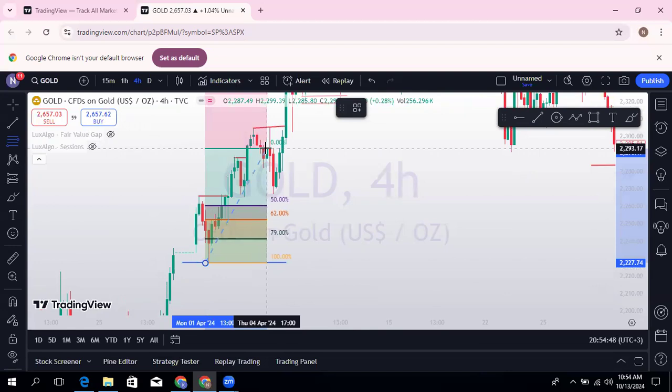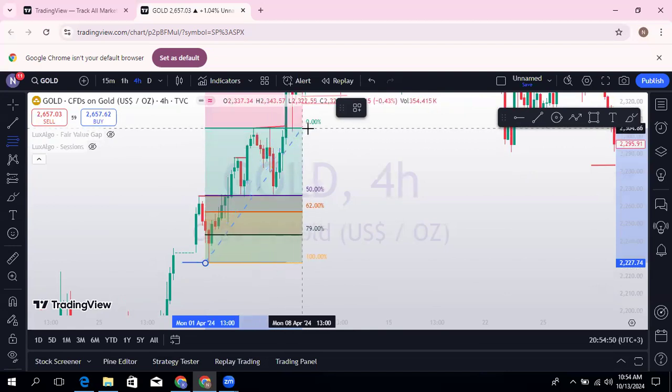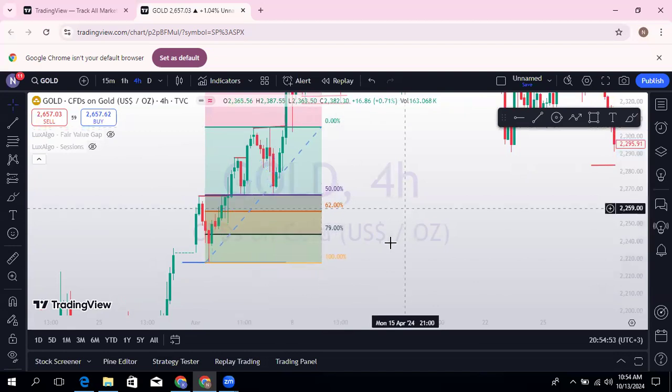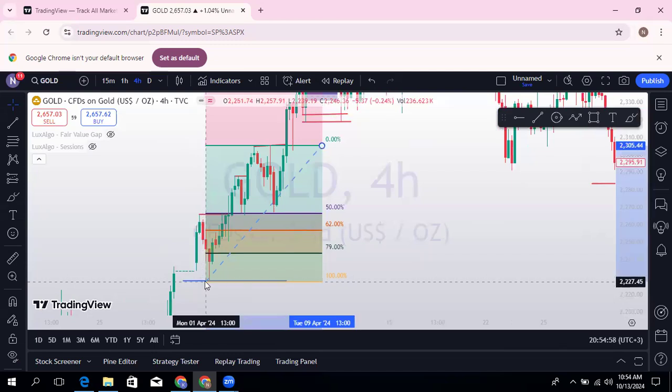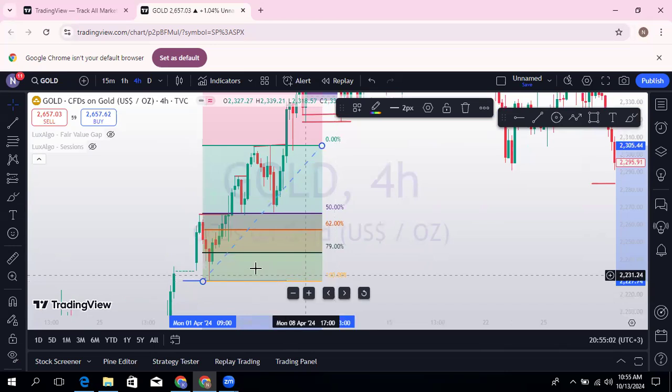My Fibonacci retracement settings start from 100% at the lower part.